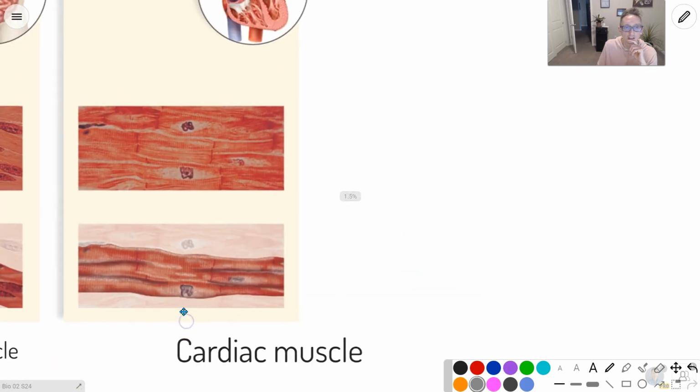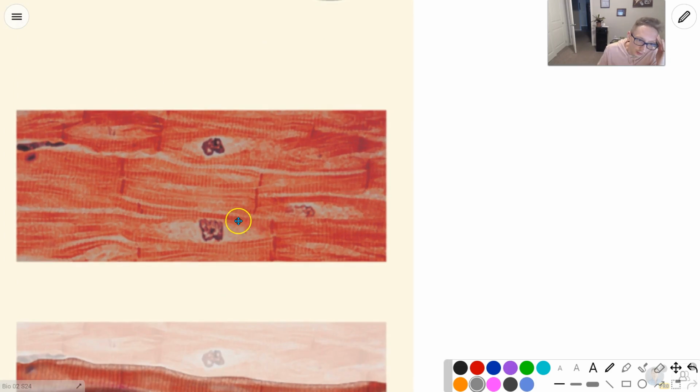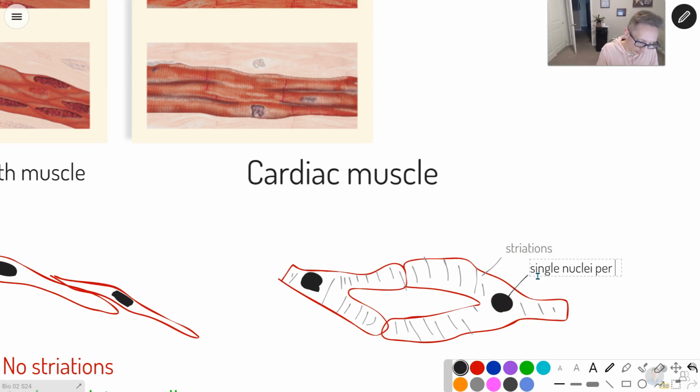And let's see, you can't really see the branches too well. Actually, maybe right there versus there. Pretty good there and there. But they are branched, just so you know. But you can see in that diagram up there something really good that is important. So these are striations. Single nuclei per cell.